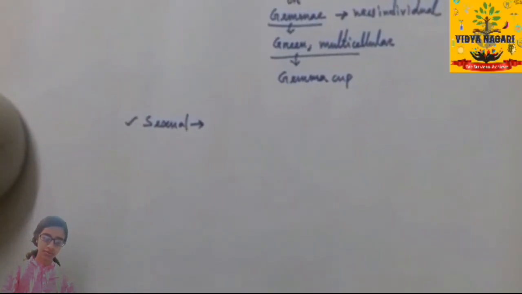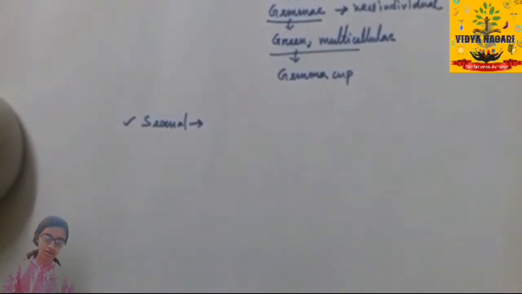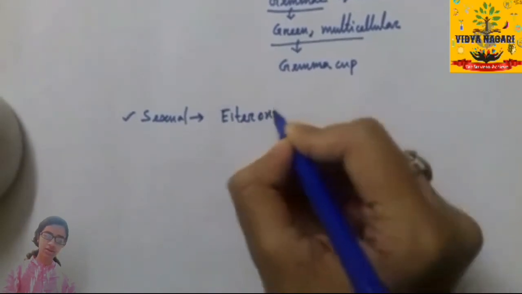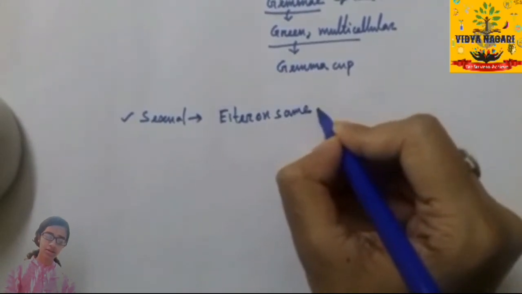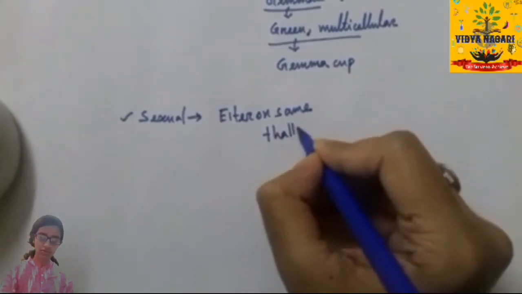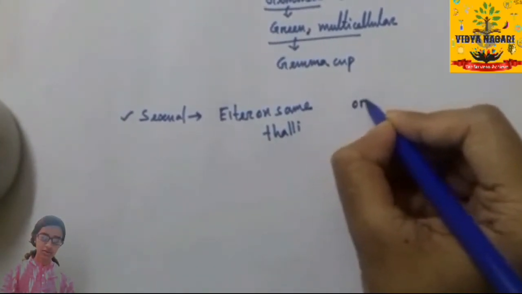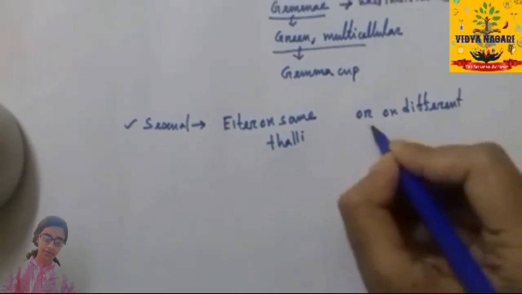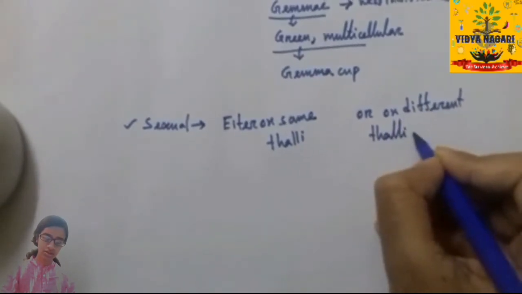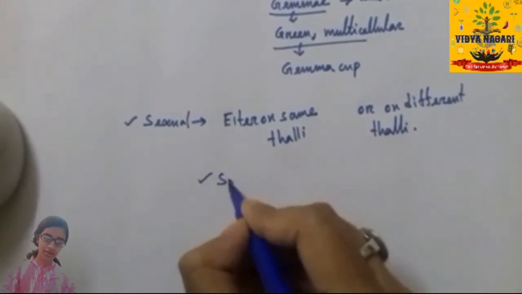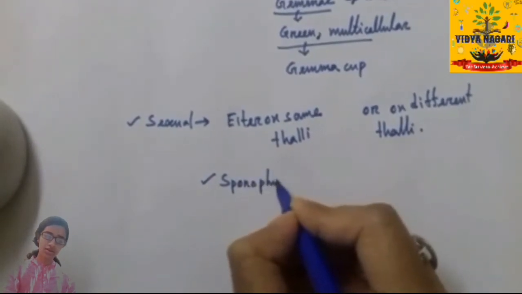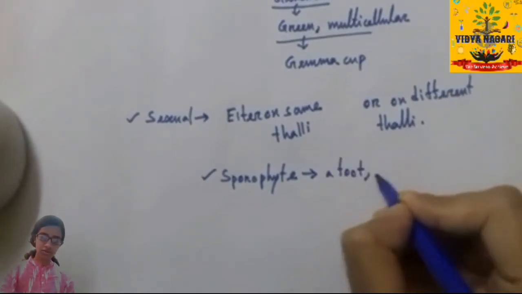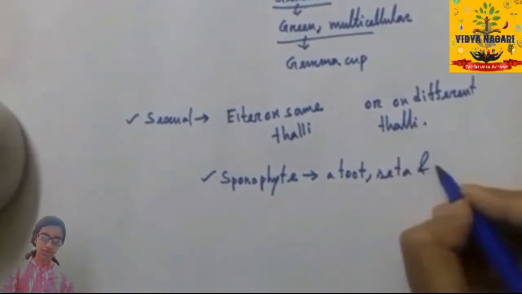Now their sexual reproduction. Their male and female sex organs are produced either on the same thalli or on different thalli, and their sporophyte is differentiated into a foot, seta and capsule.